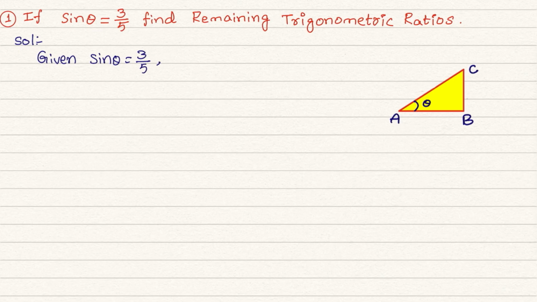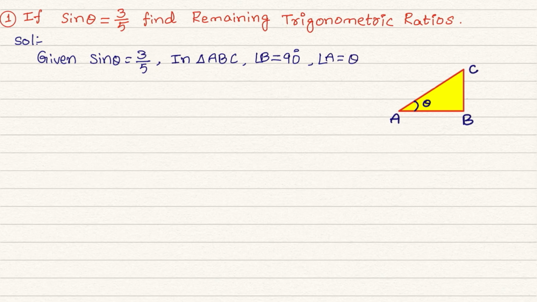Then we take one triangle. Let us take triangle ABC, right angle at B, and we also take angle A is equal to theta.